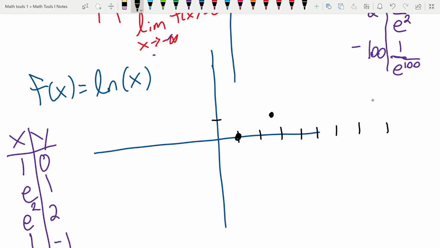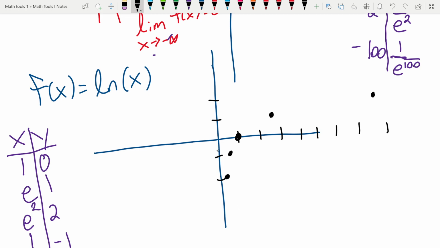So like right here. And then 1 over e, negative 1. So like right here, 1 over e squared, negative 2. So like right here.